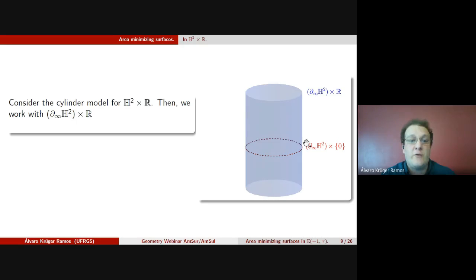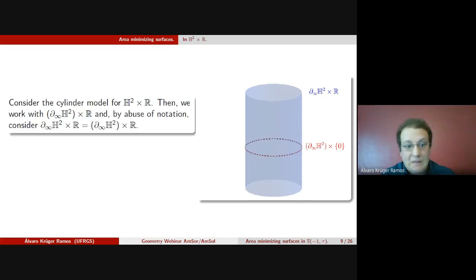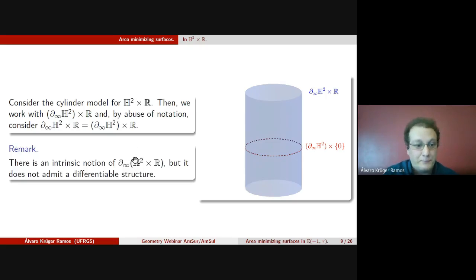We don't work with the compactification of H2 cross R. This is abuse of notation. We call it the asymptotic boundary of H2 cross R, because we don't like parentheses, basically.